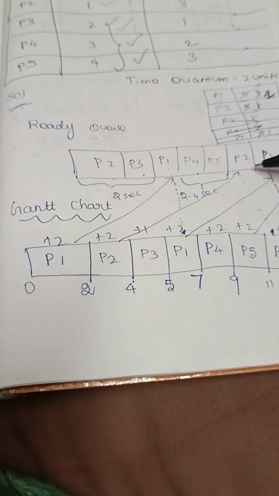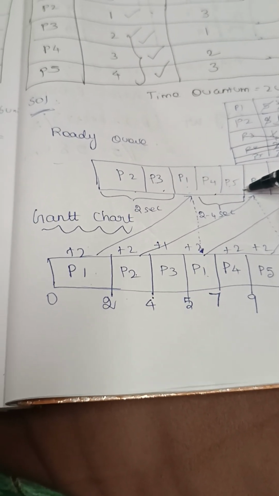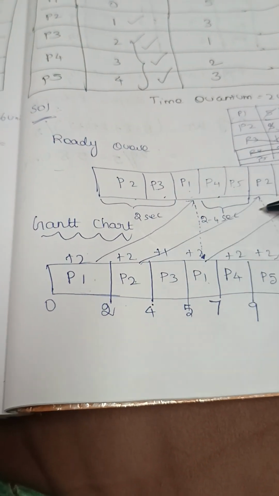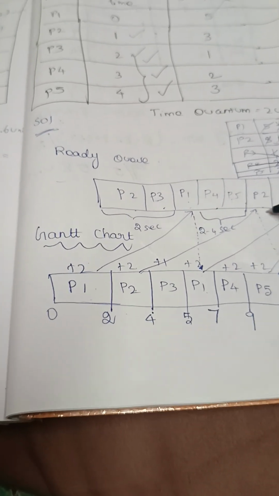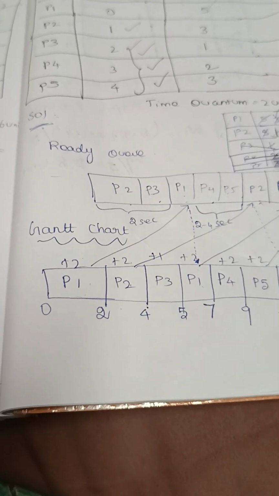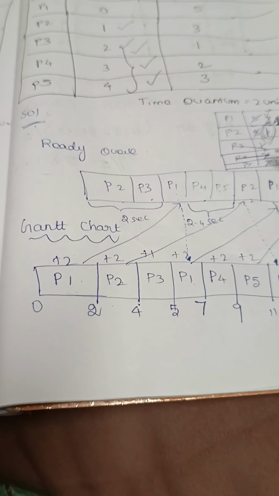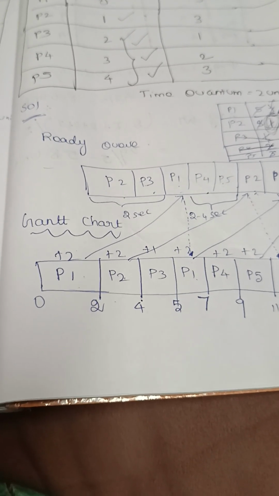Next, after completing the P5 process, P2 enters the ready queue, and it starts its execution for remaining process time 1, so plus 1, P2 completes its execution.